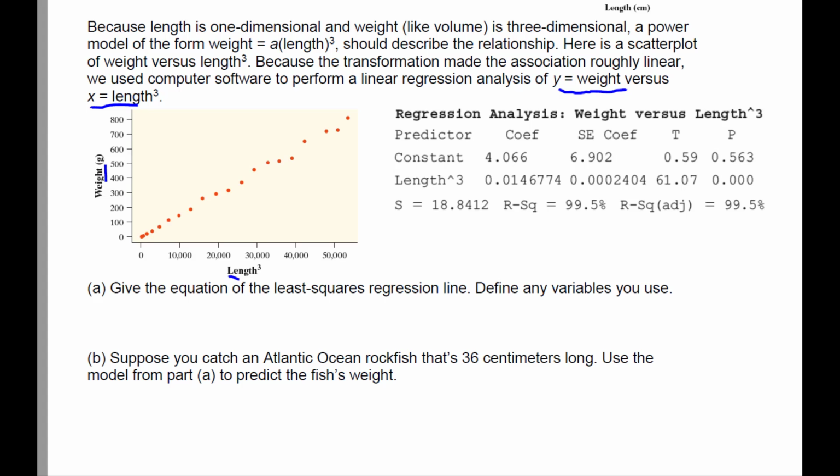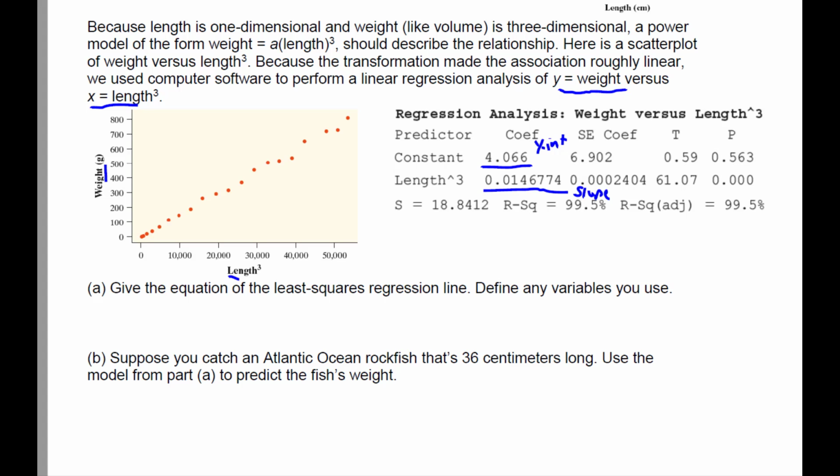For our y-intercept, we're going to have this value right here, 4.066. And our slope is going to be the value right here, 0.0146774. That is the slope we need to worry about.